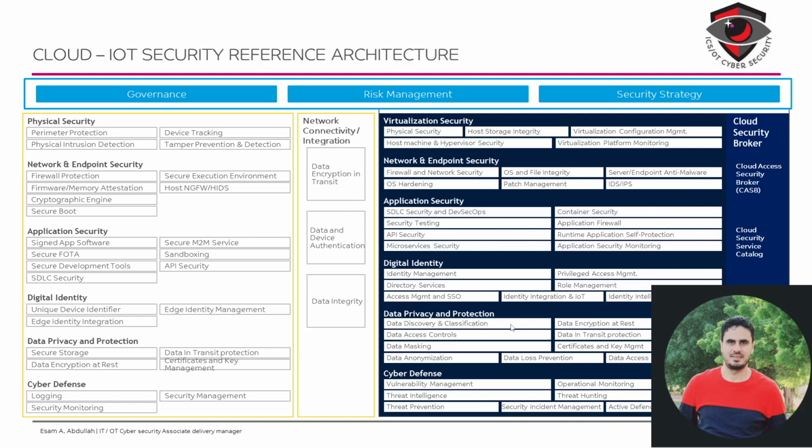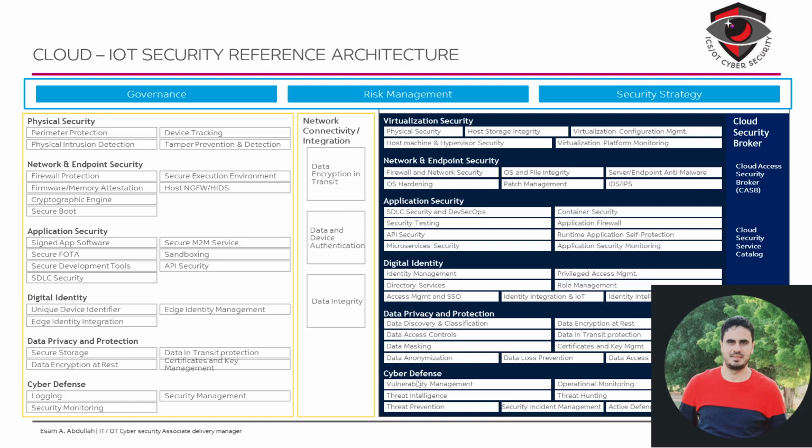Data privacy and protection as well: data discovery and classification, data access controls, eradication or data masking, data anonymization, data encryption, encryption at rest and in transient as well, certificate and key management, data loss prevention or DLP, and data access auditing.